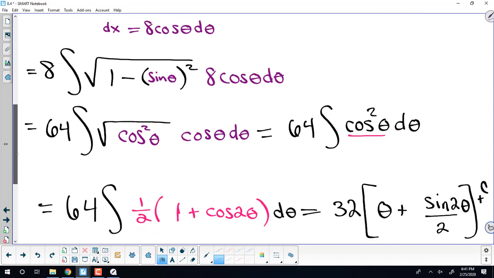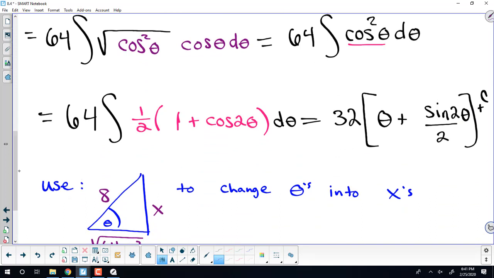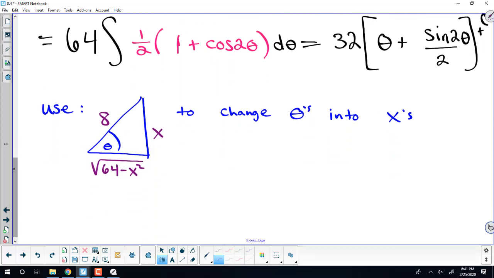So, okay, great. We've got a way to account for this theta, but also a problem here with the sine of 2 theta because we just have a theta here. We don't have a representation for 2 theta. The sine 2 theta is 2 times sine theta times cosine theta. So that's what we're going to use. We're going to use that identity for sine 2 theta for this one here.